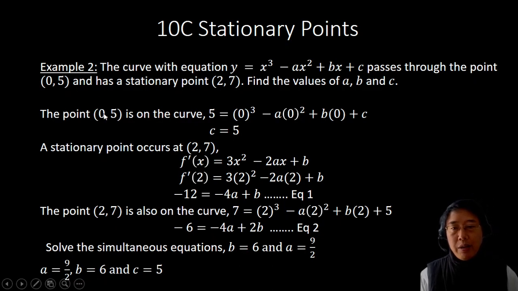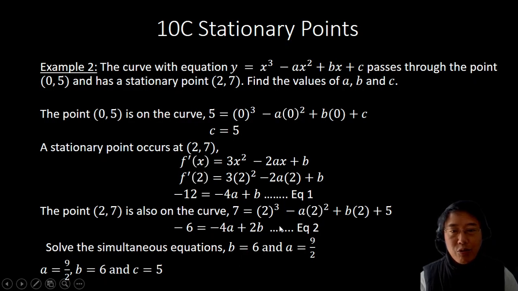So you will do that for 0, 5, for 2, 7. That will give you the first equation: c equals 5. The second equation will be, I know I'm doing it in the same order as I mentioned in the outline, the second point will give you that equation in terms of a, b, and c.